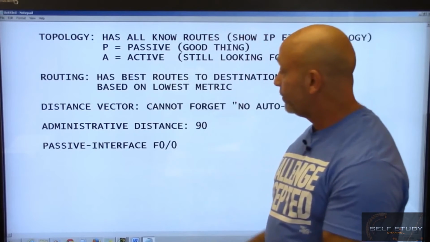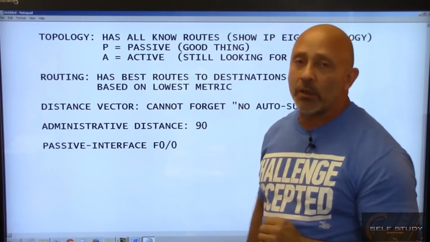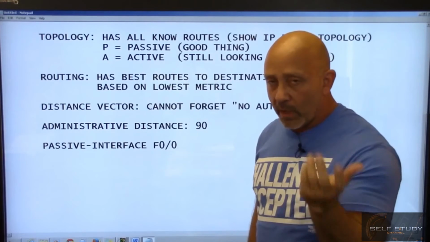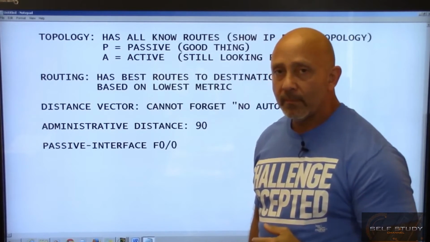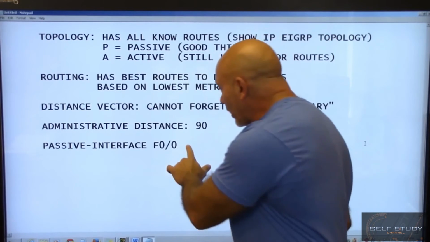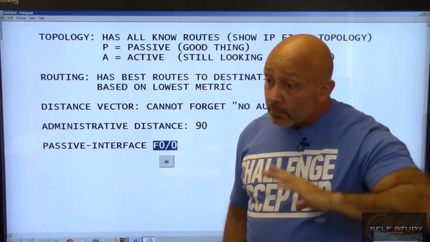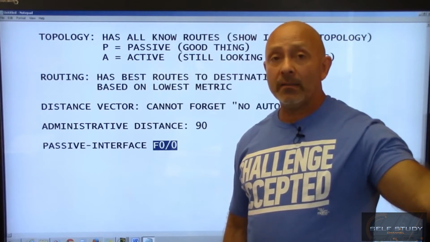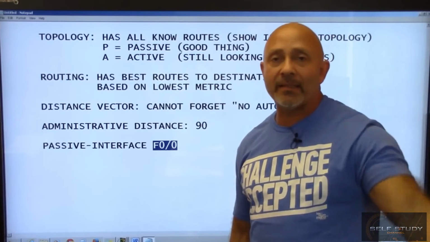That one right there. If for whatever reason on an examination, school, wherever, you see this, but it's pointing to an interface, let's say that's going out to the internet, don't worry about it. You don't want EIGRP to send out updates out to the internet.